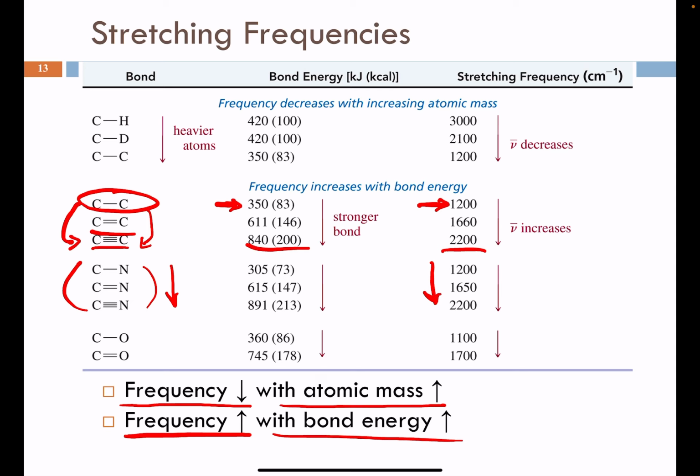On that first point, we can compare carbon-hydrogen to carbon-carbon, ultimately to carbon-oxygen, and as the atomic mass increases from hydrogen to carbon to oxygen, you can see that the frequency is decreasing there.